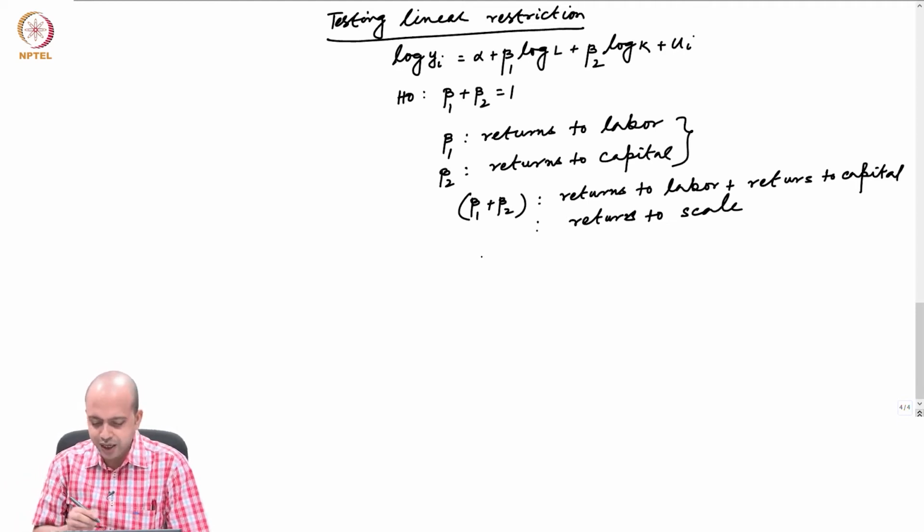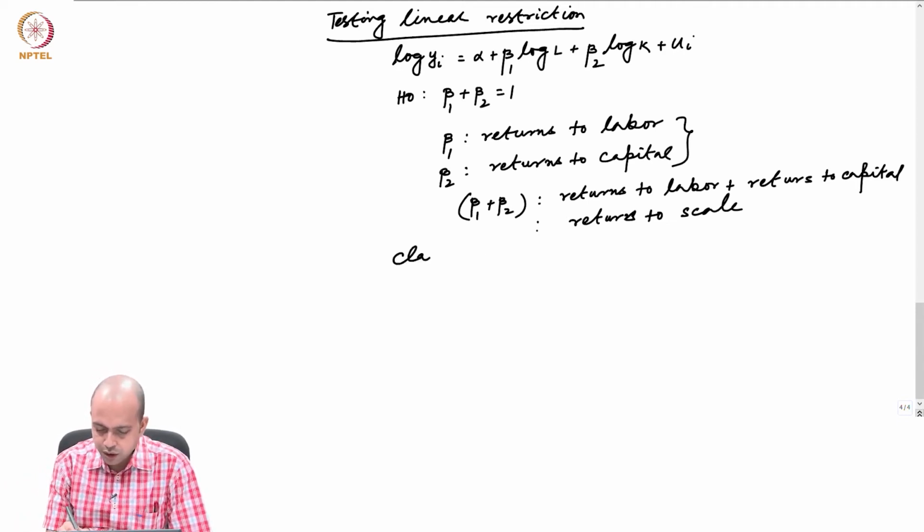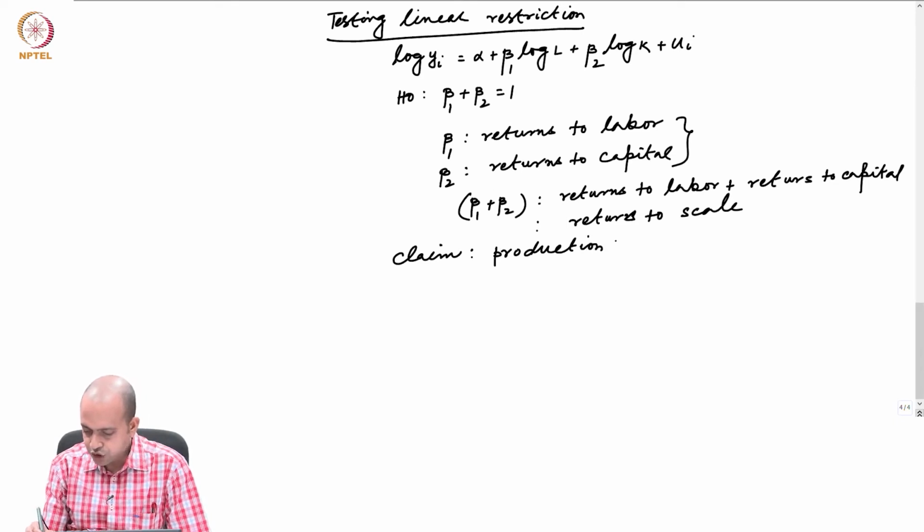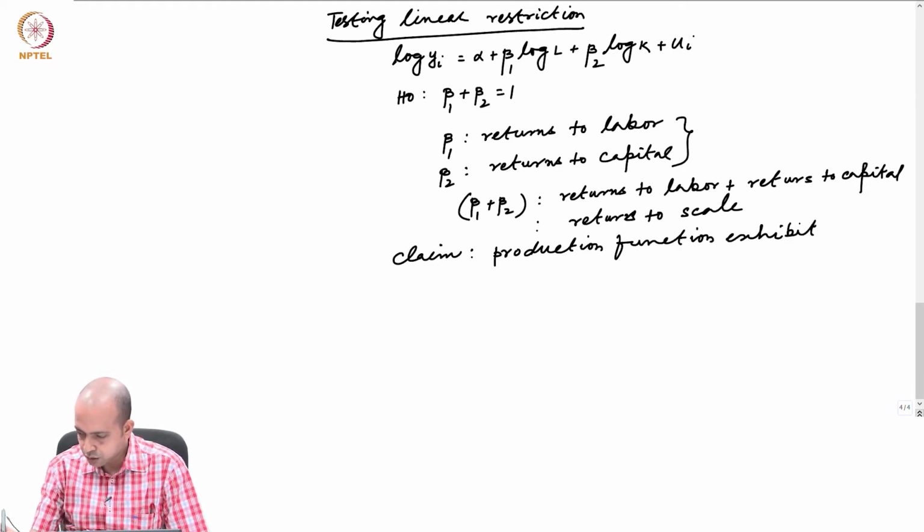So, what is our claim? Our claim is, let us say, the production function exhibits non-constant returns to scale.